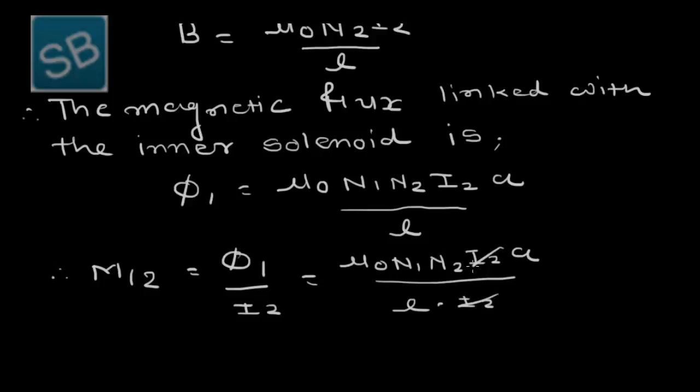So this I2 gets cancelled, and the final answer is mu 0 n1 n2 into A divided by L. So this is the final answer of mutual inductance.